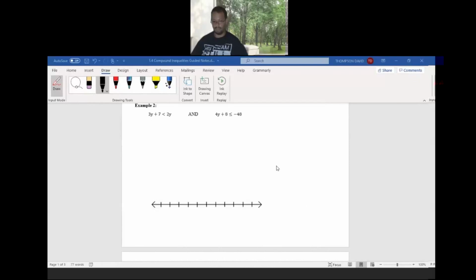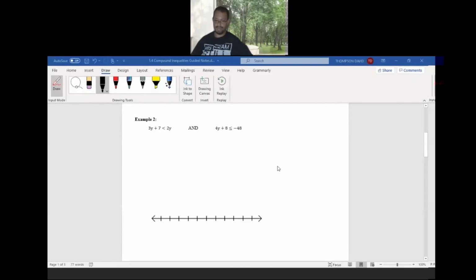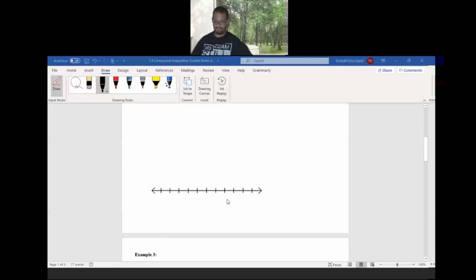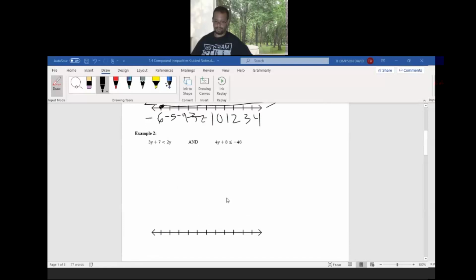Example 2, an AND situation. We're given that 3y plus 7 is less than 2y, and 4y plus 8 is less than or equal to negative 48. Let's deal with the left inequality first. So first thing we're going to do, we're going to subtract 7 from both sides to get the number on one side and the variable on the other side.